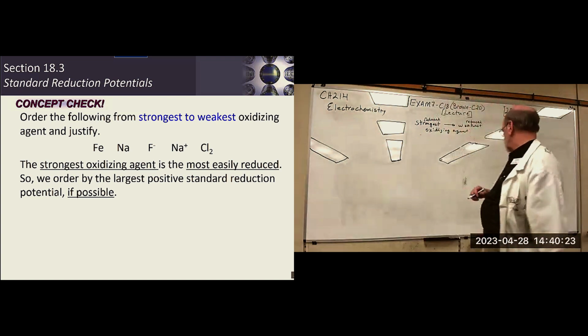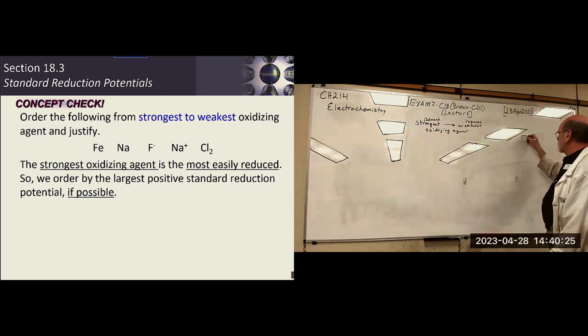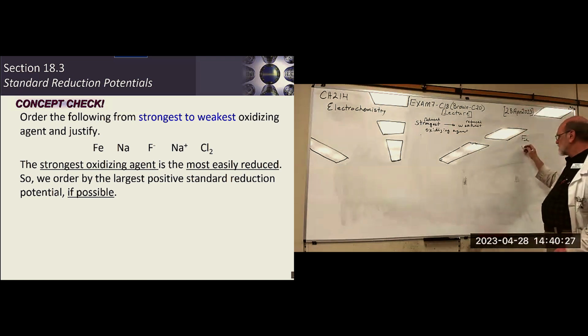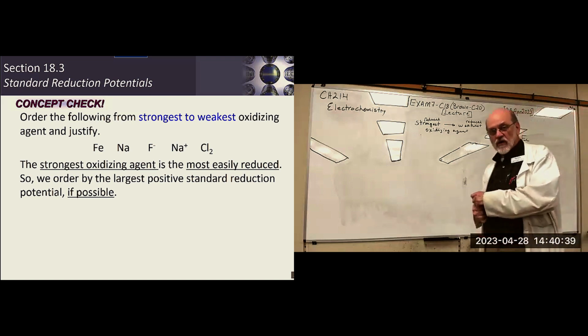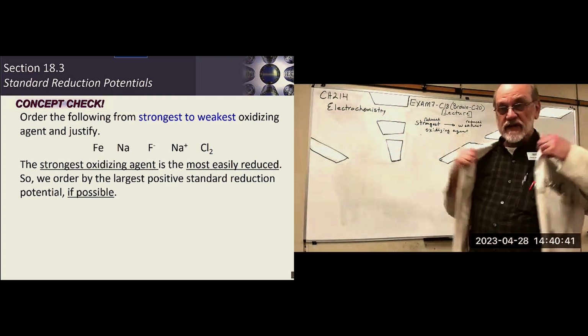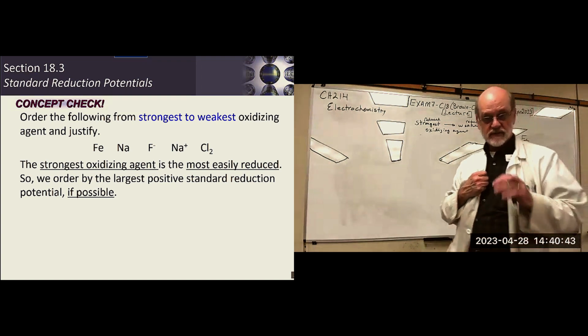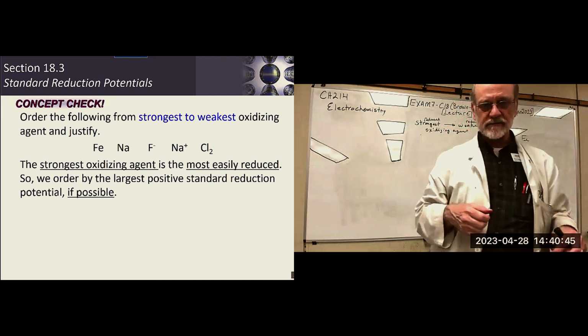So of these, we have Fe, sodium, F minus, sodium plus, and chlorine. So which one is the strongest or the easiest to reduce? Let's put it that way, the easiest to reduce.